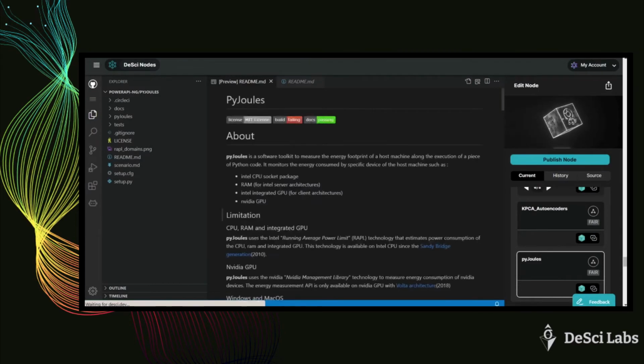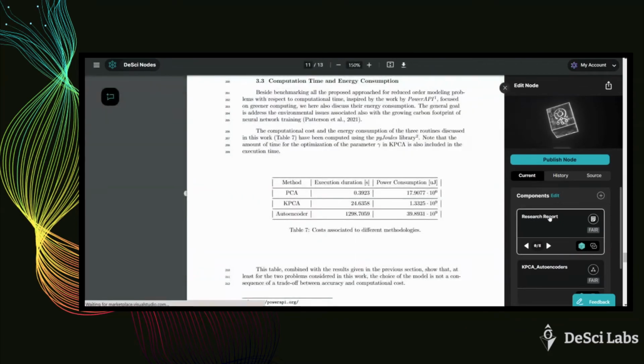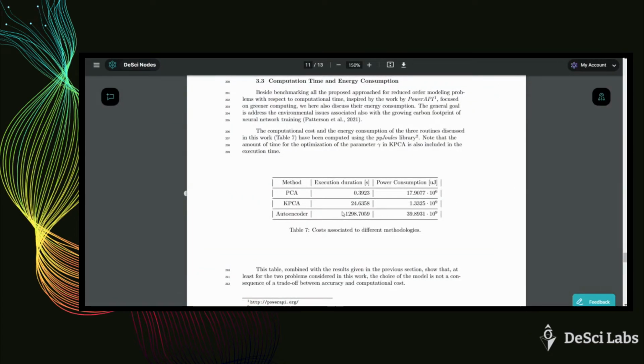Maybe let me come back to the paper. So here you can see that the autoencoder, of course, is much higher because we are just training and training and training. It needs to be mentioned that for the autoencoder, we didn't include the time we spent for the hyperparameter optimization, but for the KPCA, we included the time for optimization of gamma.